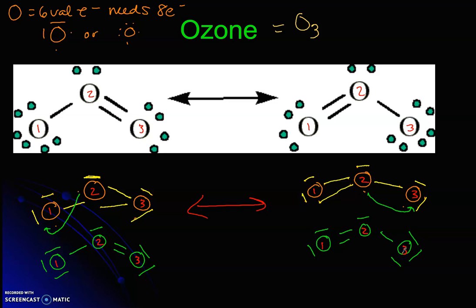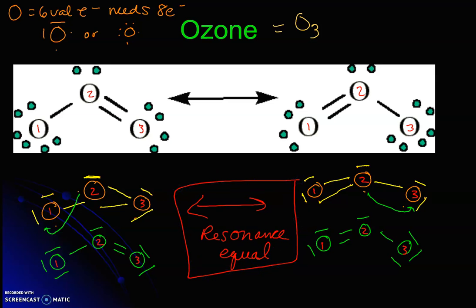Okay, so there is more than one possible way to draw these. This double-headed arrow means resonance, and it means that these are equal and they are valid and both work. And what I was talking about on the previous slide is say that this bond length is 2 nanometers and this one is 1 nanometer. So then this one would be 1 nanometer and this one would be 2 nanometers.